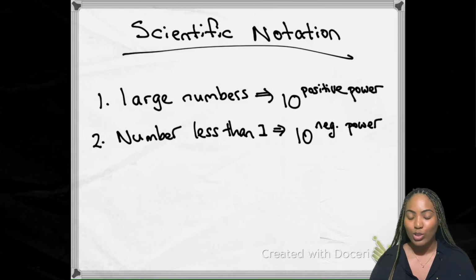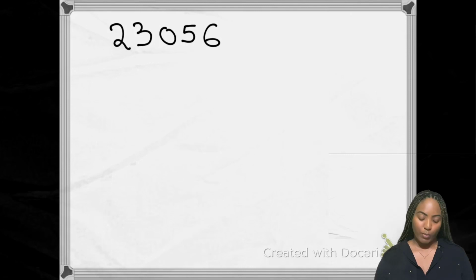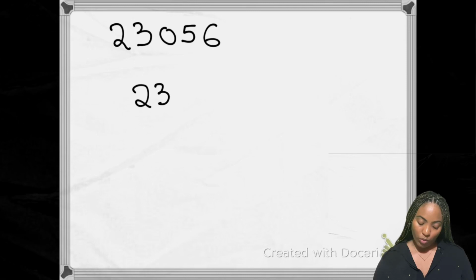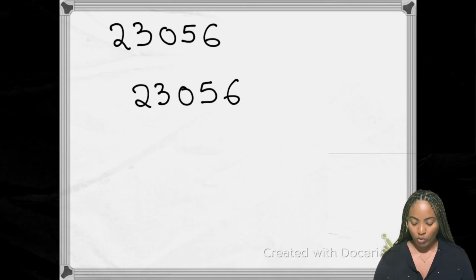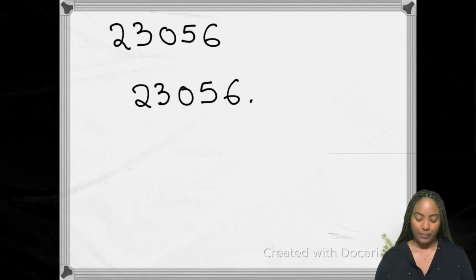So let's get straight into it. For our first example, we will consider the number 23,056, and we're supposed to put this in scientific notation. Now, the first thing we will need to do, so usually we write back our number, putting a little more space in between to give us room to move the decimal places. Since this is considered a large number, we're going to put a decimal point towards the end.